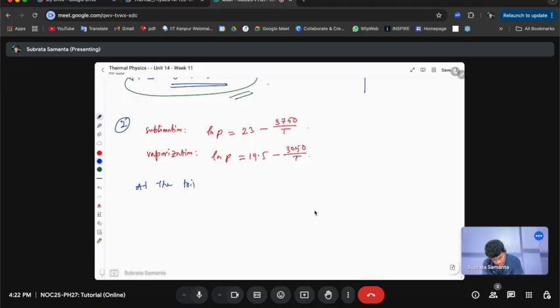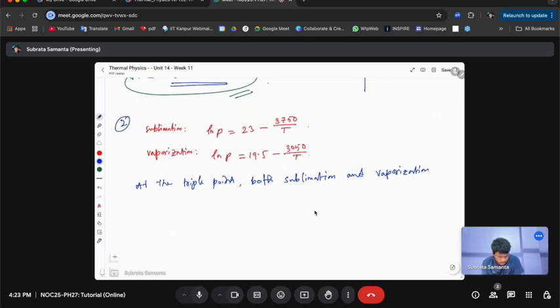So at the triple point, both the sublimation and vaporization curves must meet, that is, they will intersect.